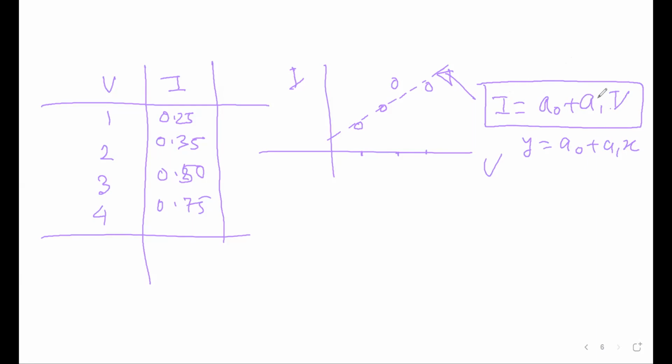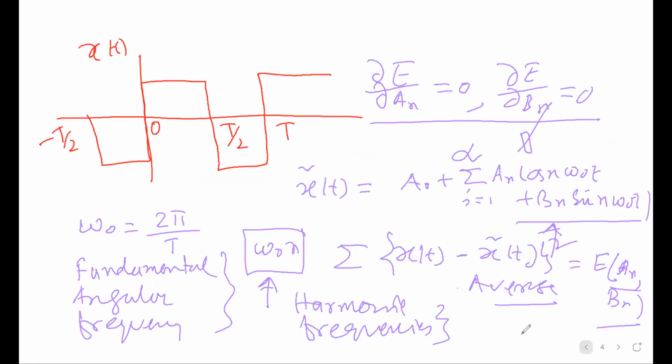Now you have to find the values of A1 and A0 that we discussed earlier. In order to do that, you have to find the matrix: A0 into N plus sum Xi into A1 is equal to sum Yi, isn't it? Yes, sir. And the other one was, can you remember?